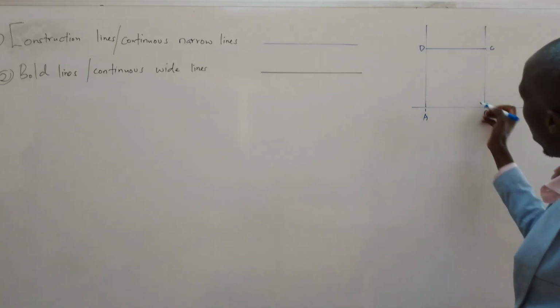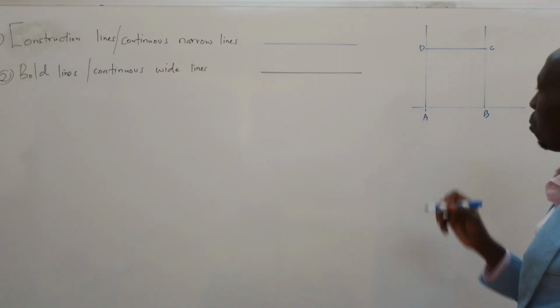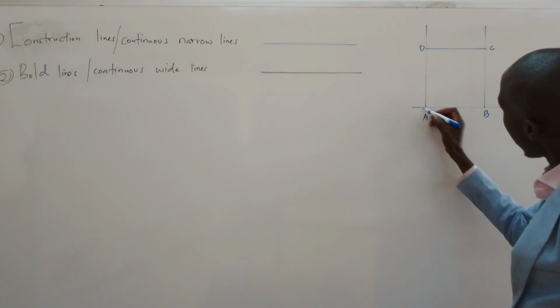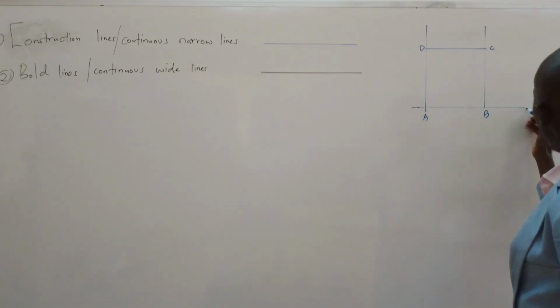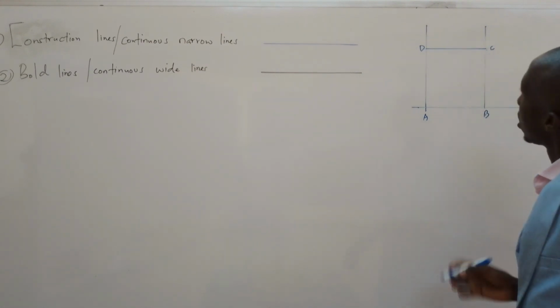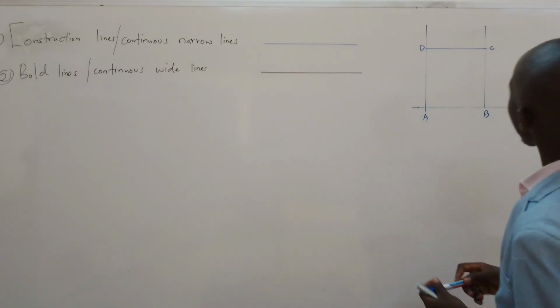It becomes a square. Now, the construction lines are lines which are outside a solution. We have this line here extending from this side, and then we have this one, and this one. All those now are called construction lines. I hope you get that one.